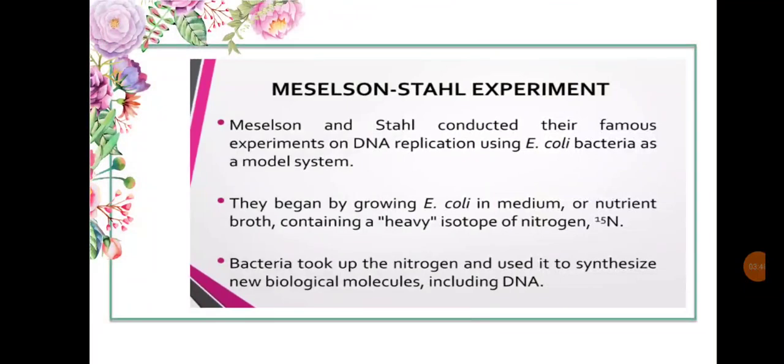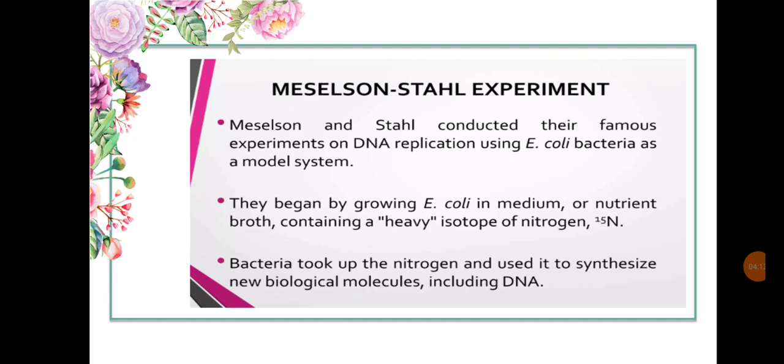What did they do? Meselson and Stahl conducted the DNA replication experiment in E. coli bacteria. E. coli is a model system. In the beginning, E. coli is grown. Generally, we grow E. coli in our laboratory in a nutrient broth. In the nutrient broth, they added a heavy isotope of nitrogen, N15.